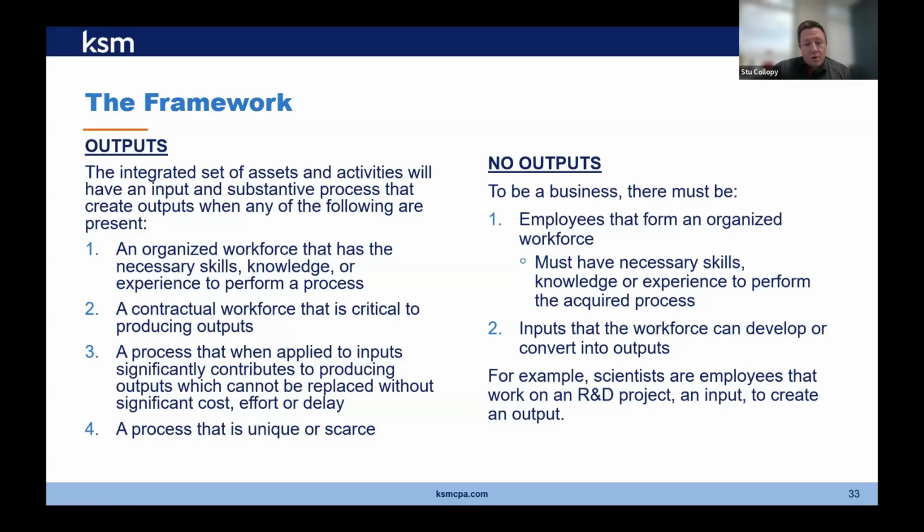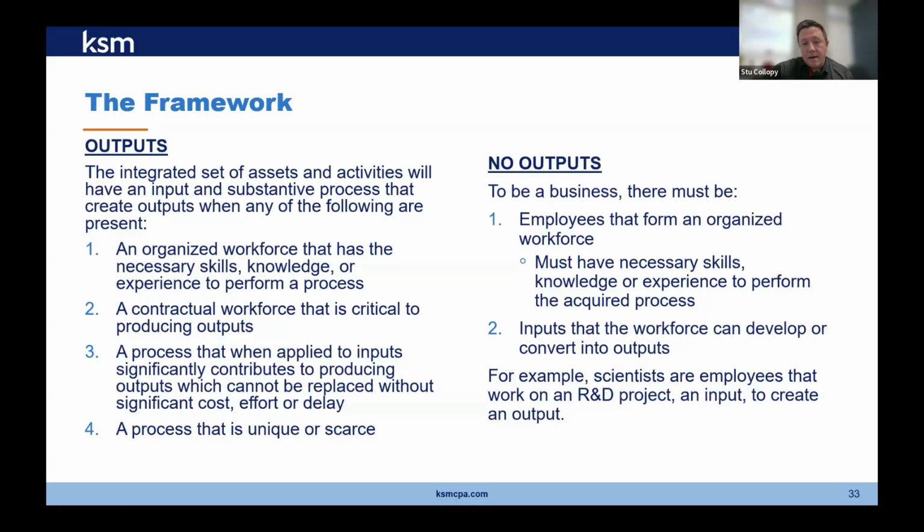As I mentioned, if there's a workforce in place that has skills and knowledge, if there's a contractual workforce in place that is helpful in creating outputs, but then also if there are processes in place that are hard to reproduce or replicate, if they're unique or scarce, then that would qualify as something that impacts an output and would be considered a business combination.